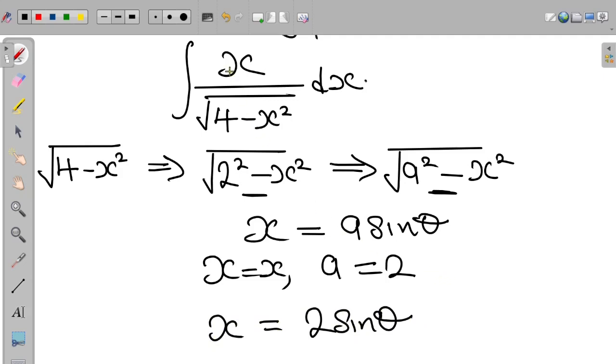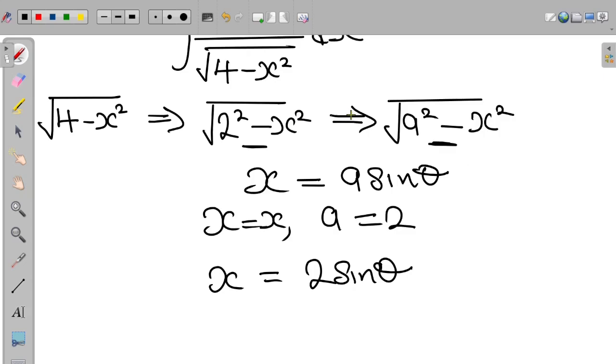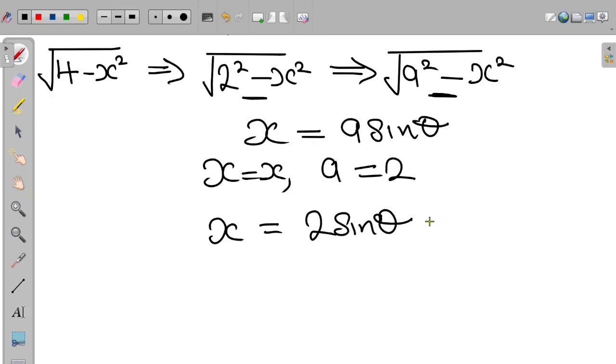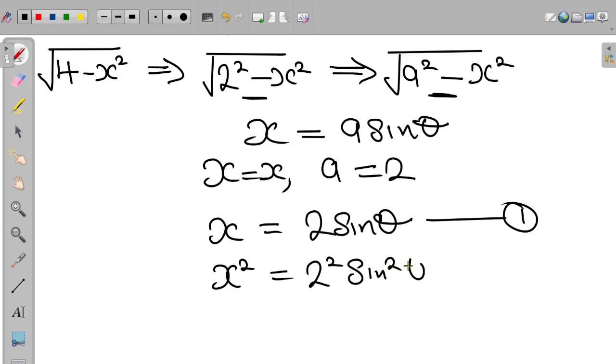Now, if you look at our integrand, we have x, we have dx, and we have x squared. So we have to obtain the expression for x squared and also find that for dx. First, let's call this equation 1. From equation 1, if we square both sides, we will have x squared equal to 2 squared sine squared theta.